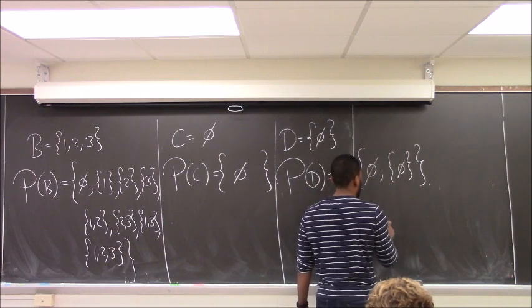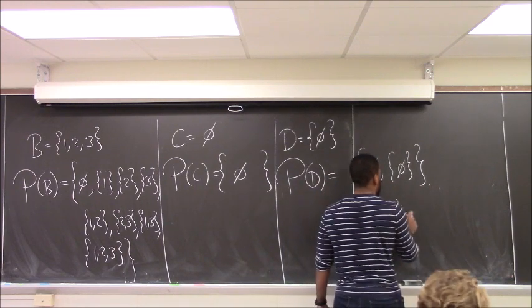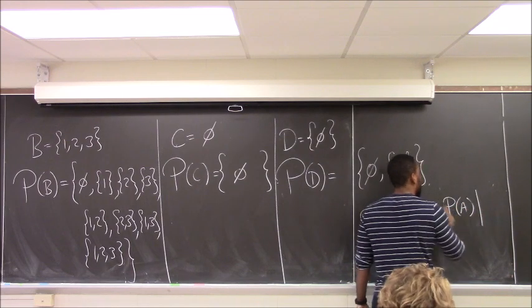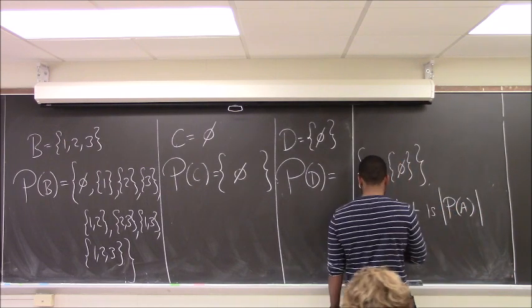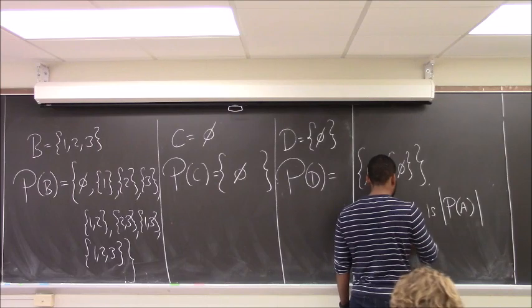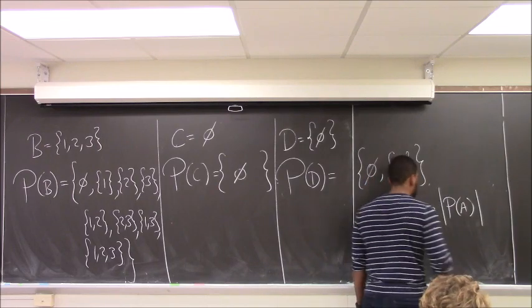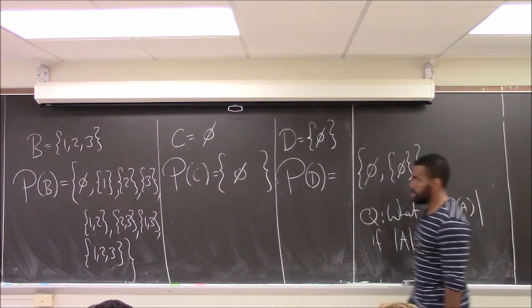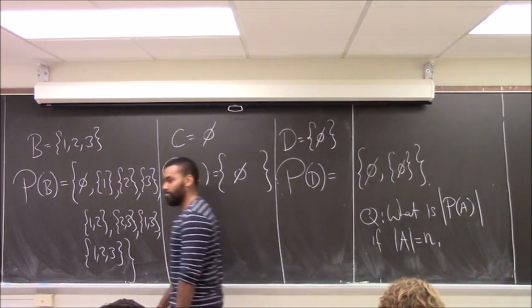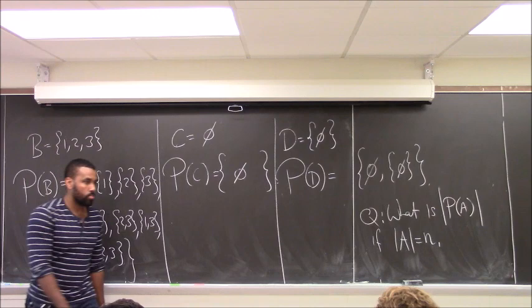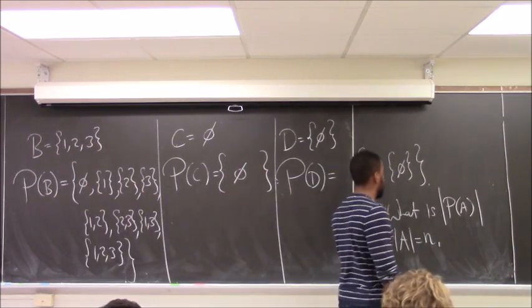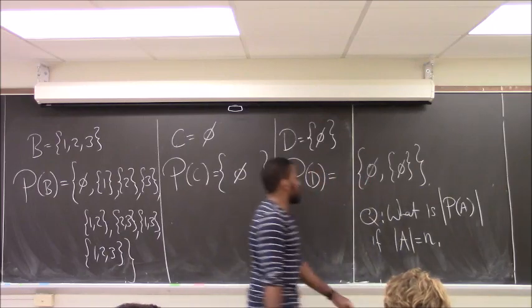Question. What is the size of the power set if the size of A is n, some finite number? Do you see a pattern? Is it n factorial?